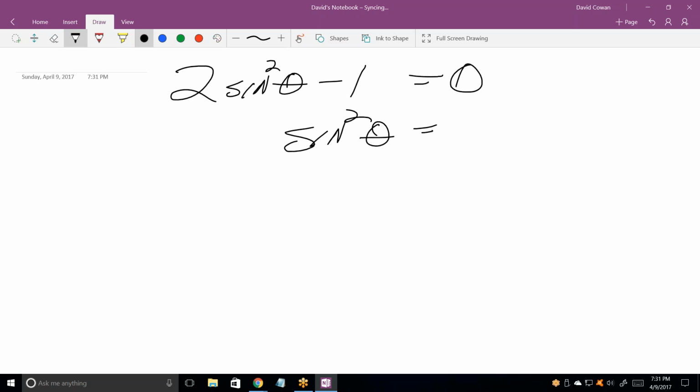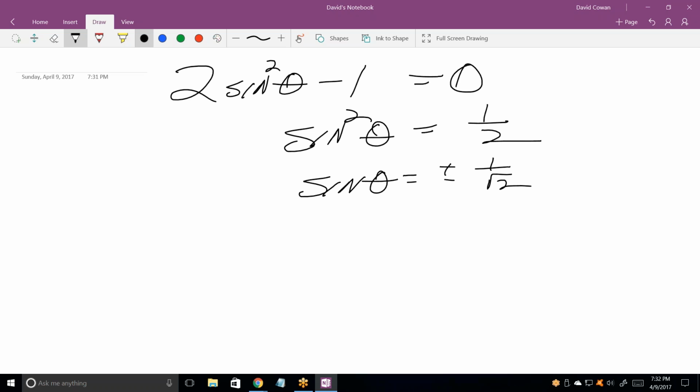Sine squared of theta equals 1/2. Now what's sine theta equal? 1 over root 2. Plus or minus? Okay. 1 over root 2. Right. That plus or minus is significant. That's going to give you 2 more answers per unit circle.